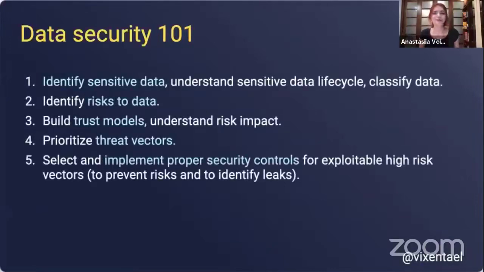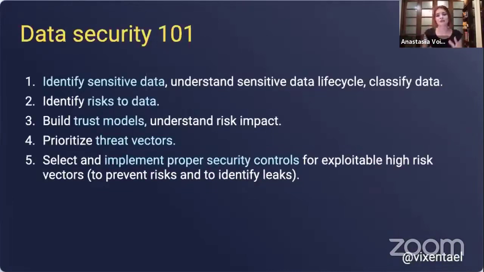So typical data security looks like that. Very simple 5 steps. Looking at any product, any architecture, you try to identify the sensitive data. In many cases, there is not only one type, but a lot of types of sensitive data, right, with different risks and threats. You try to map the data flow, which components this data goes through. Do these components need access to the data in plain text?